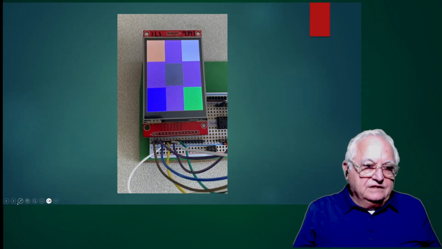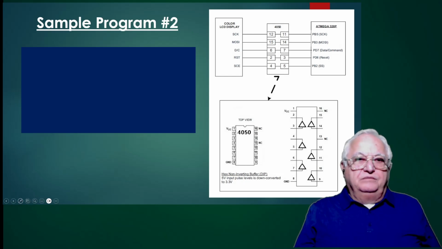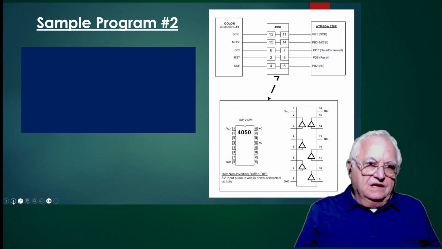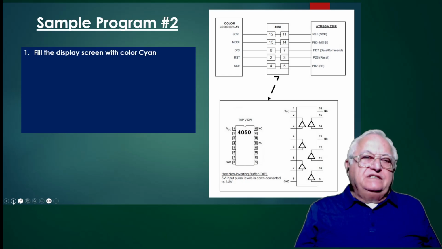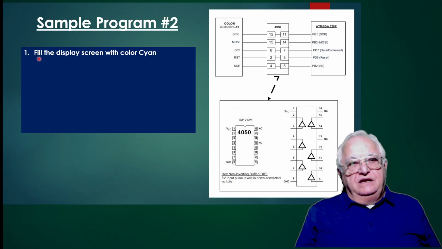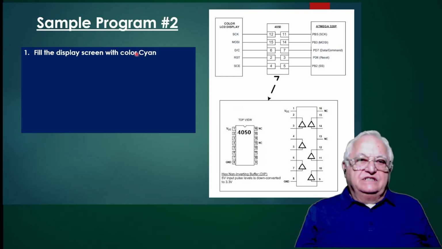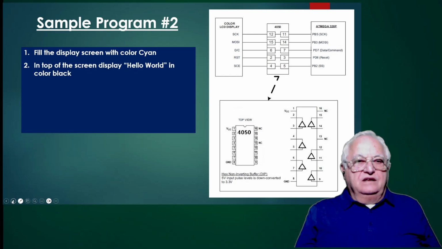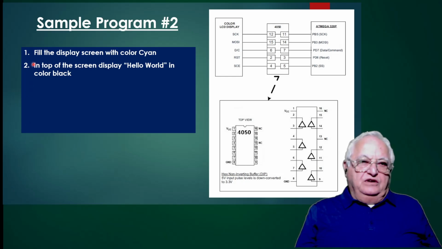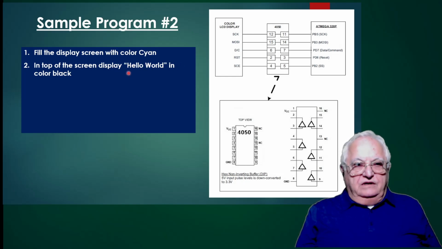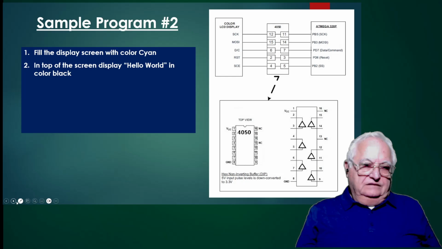Okay, so let's continue with another example program. First thing we're going to do here is fill the display with the color cyan. Next, at the top of the screen, we're going to write "Hello World" in color black.